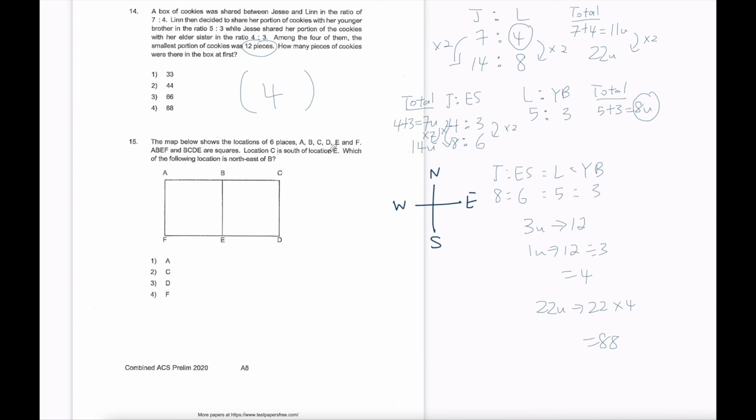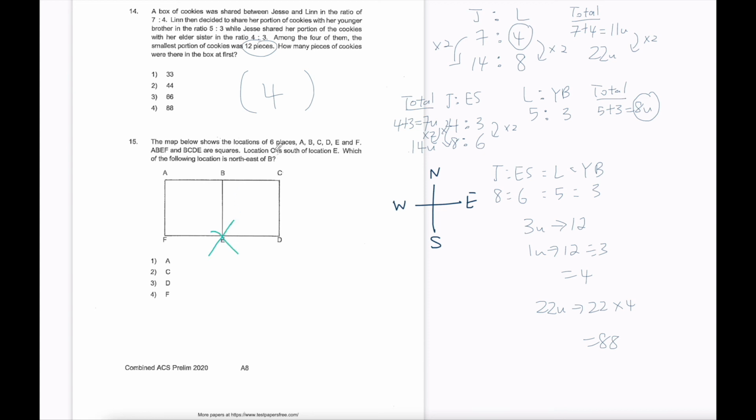C is south of location E. So over at E, I will draw this. So north, south, west, east. But it turns out location C is here. So that means my north, south, east, west got to change. I should not draw it this way. I'm going to show you how I'm going to do it. So I need to draw it this way instead.